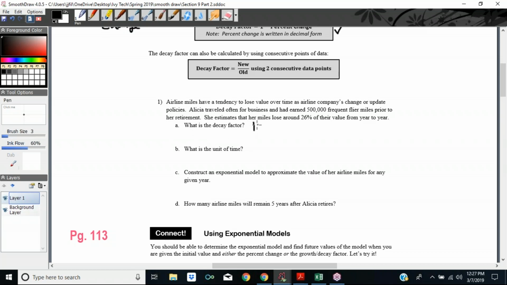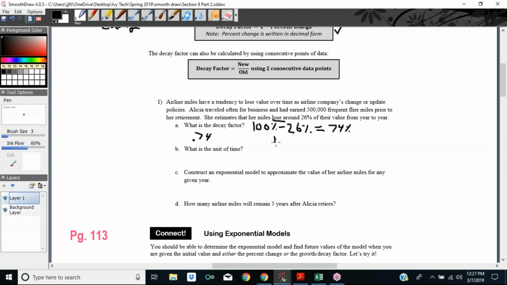So if we're going to do this in percents, it's really 100% minus 26%, since she's losing 26%. So what percent is that? 74%. Now we don't want the percentage, we want the decimal, so the decay factor is going to be 0.74.